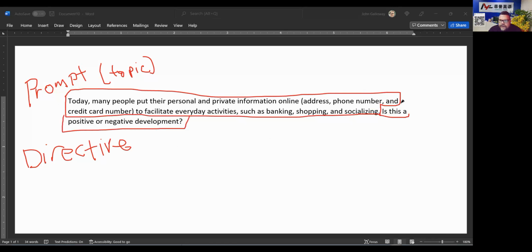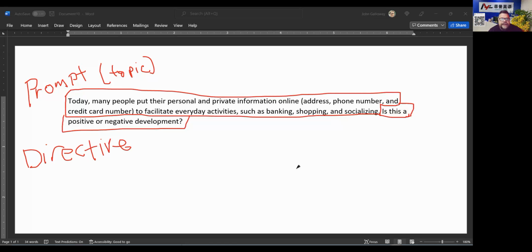The language has changed over the years, but fundamentally, the functions of the directives for the prompts have remained the same. Definitely topics get updated because things change. As you can see, we've got a lot of information here about being online, or technology influencing people's personal and private information.